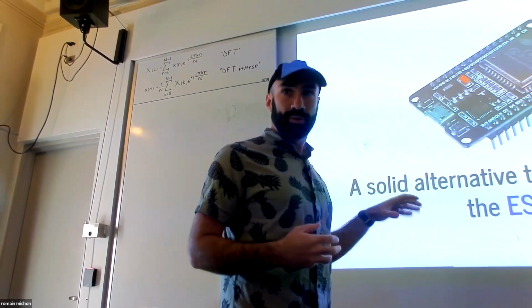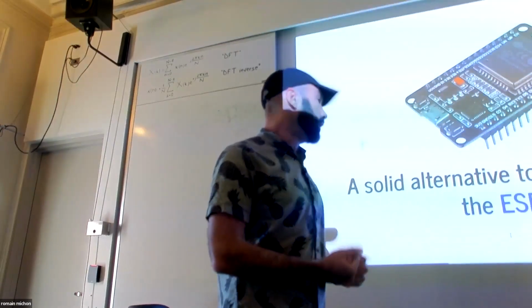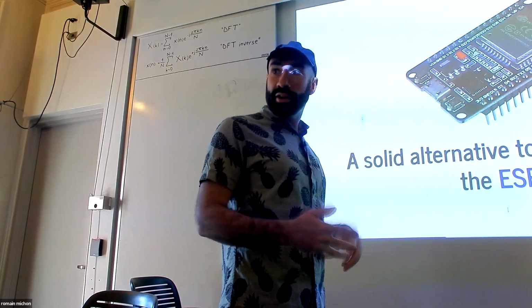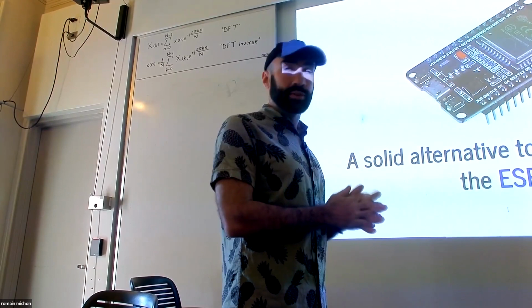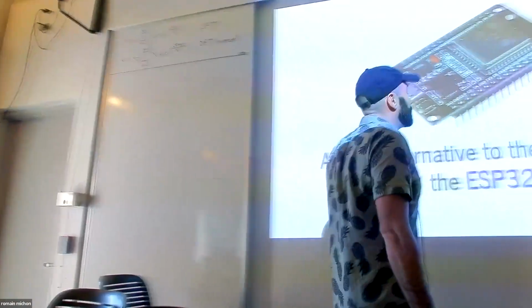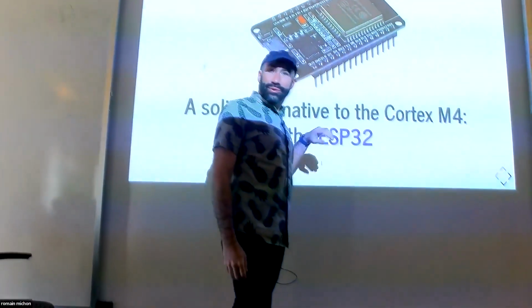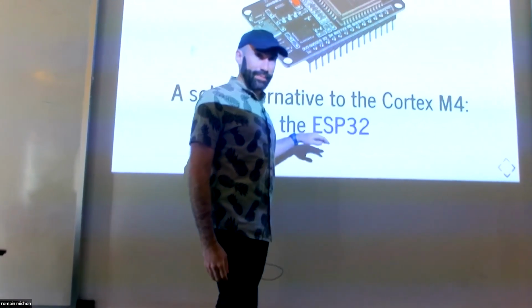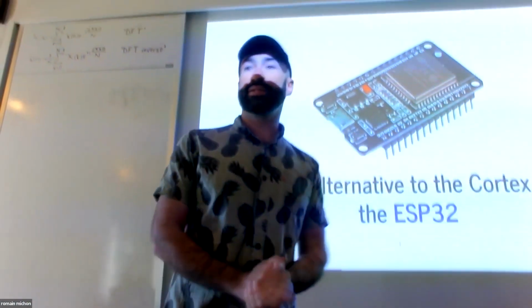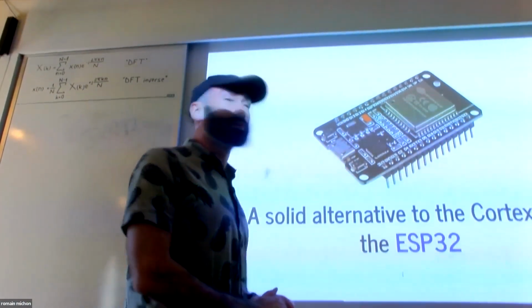And so there are a lot of people who use the ESP32 to do projects, including at CCRMA and just in our field in general, so it is an alternative. I personally don't like the ESP32 too much because I think that the toolchain for programming it is too heavy and just causes too many issues.